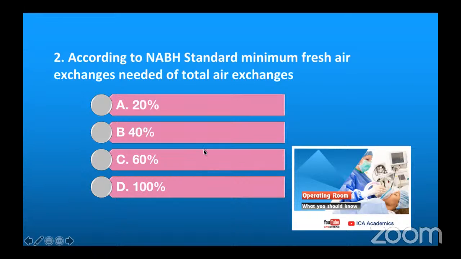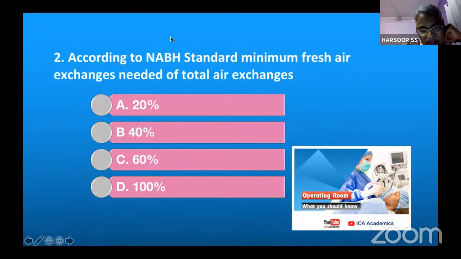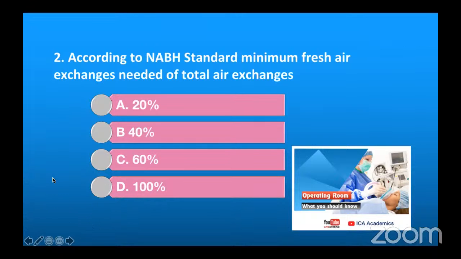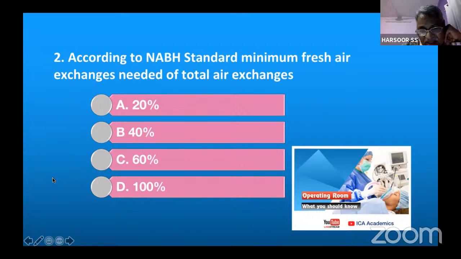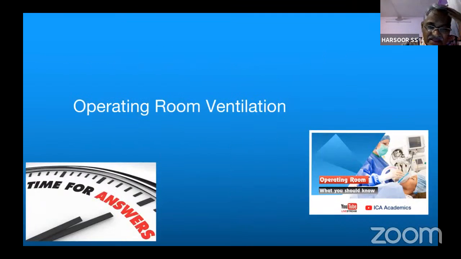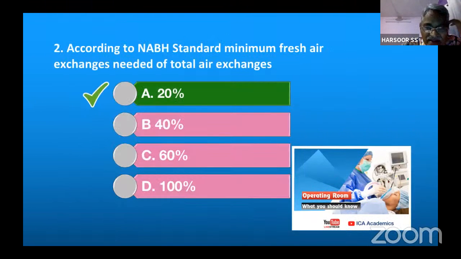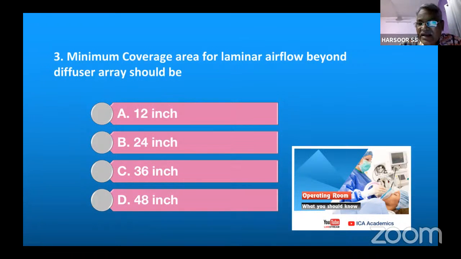Use the chat box and please answer. Right, the right answer is 20%, that is sufficient so that the complete air exchange takes place. These will be again dealt with by Dr. Amit Shah.